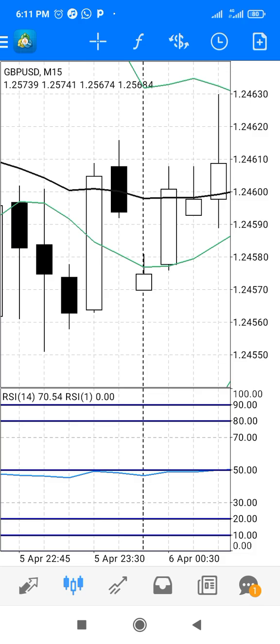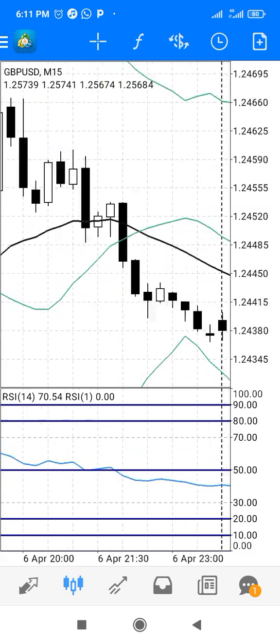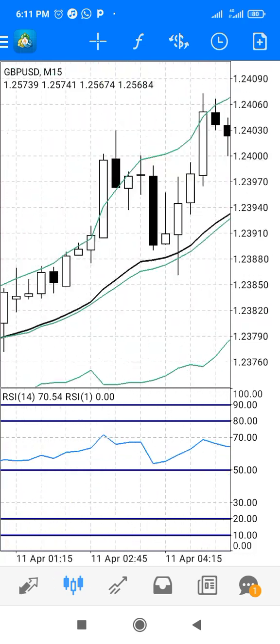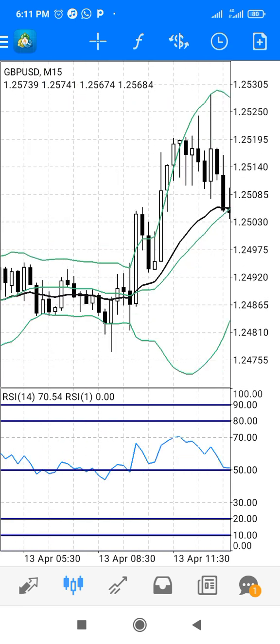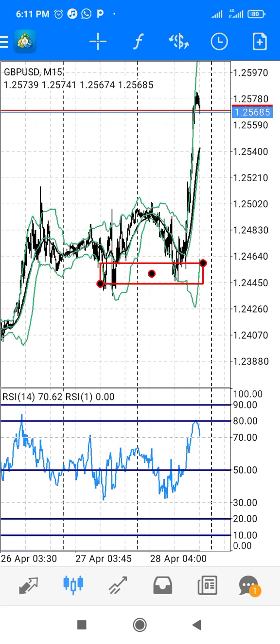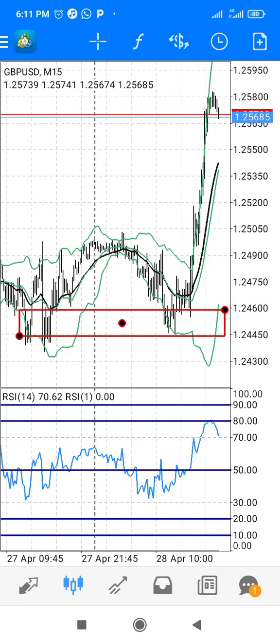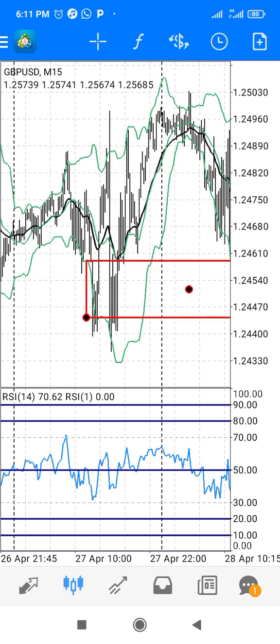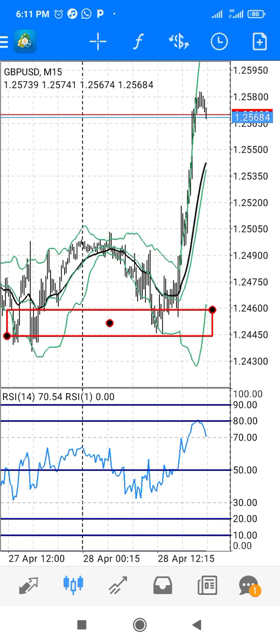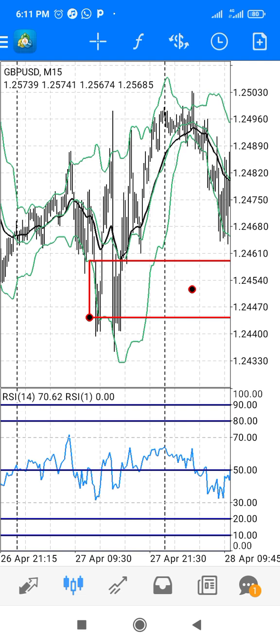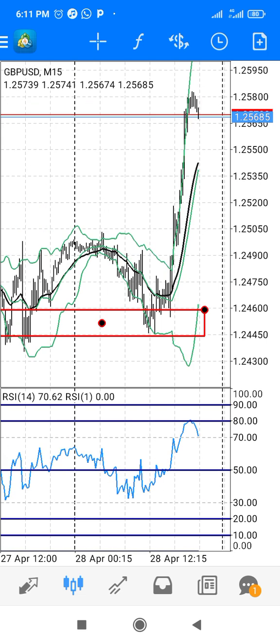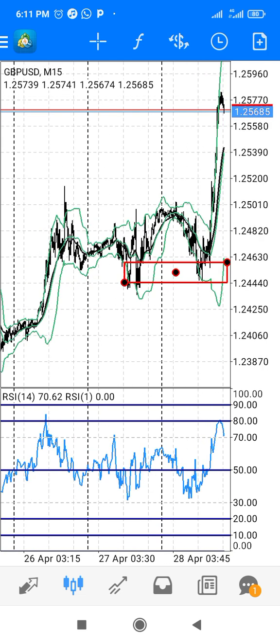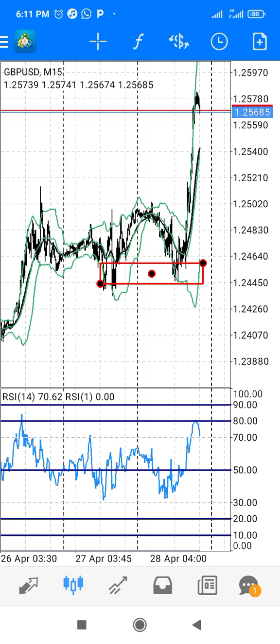The most important thing here is, let's go back to the first supply and demand zone we drew. You can stick to the first one, which is the turning point. That is the most accurate one. Once price comes down to this point, it's going to bounce back, it's going to reverse.